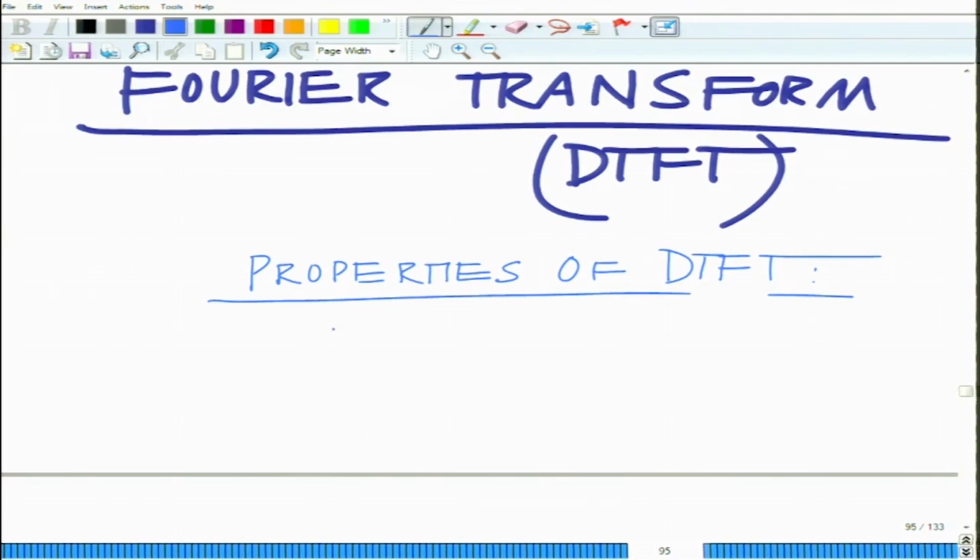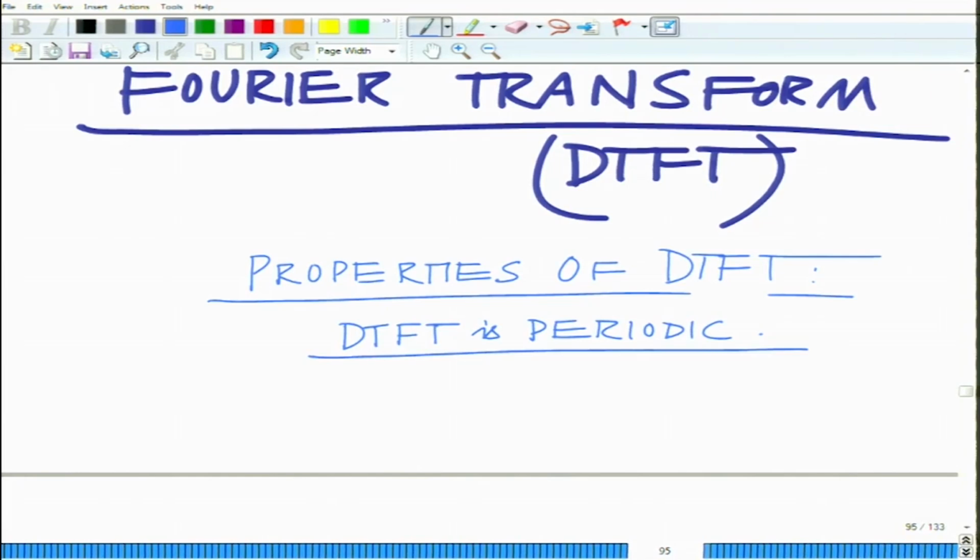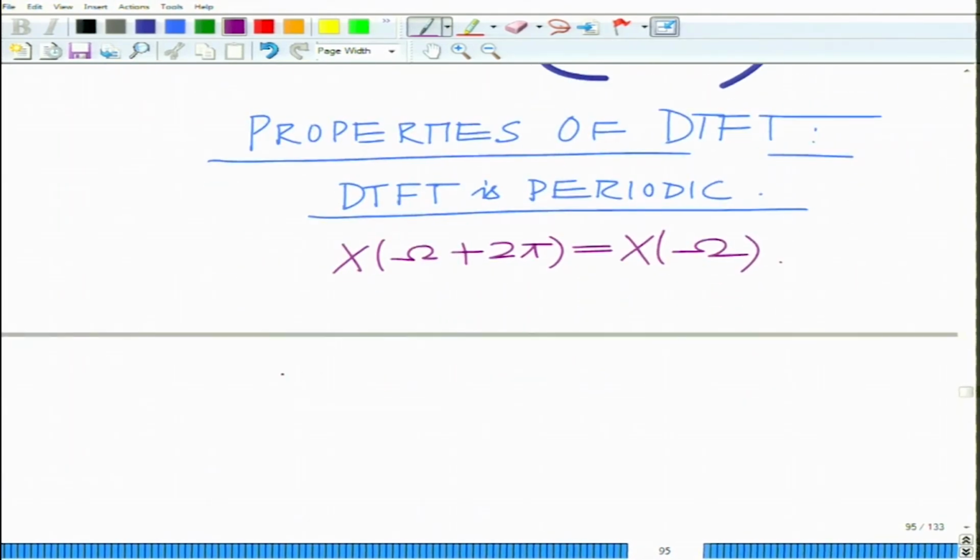One of the most fundamental properties of the DTFT is that the DTFT is periodic. In fact, X(omega plus 2 pi) is equal to X(omega). This can be seen as follows.